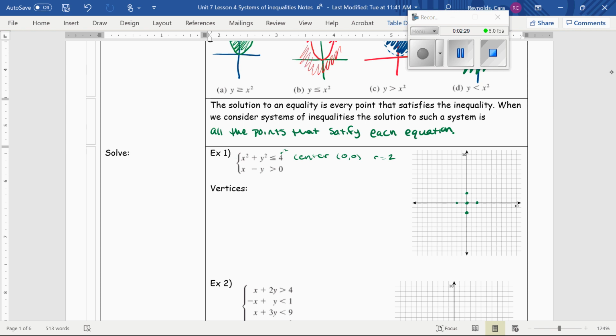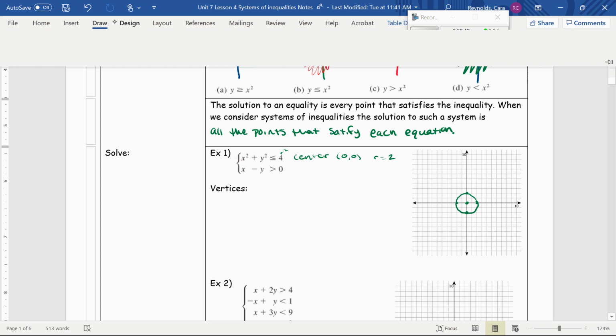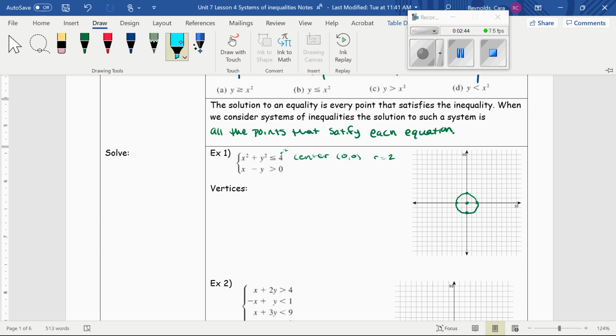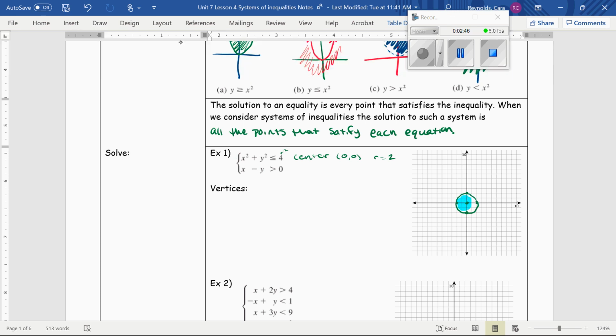This is a solid circle because it has that equal sign. And when your circle is less than your radius, you want to highlight inside of that circle. And so I'm just going to shade in here, light enough I can see what I'm graphing next.